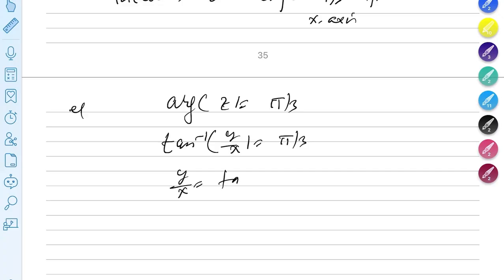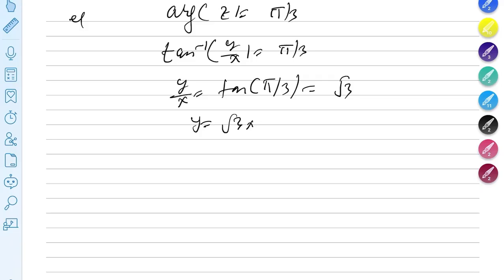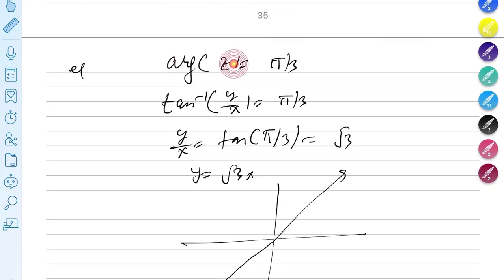So y by x is tan pi by 3, which is root 3. So y is equal to root 3 x. By converting into coordinate form and drawing, it will represent a line. But argument of z equal to pi by 3 does not represent a line.